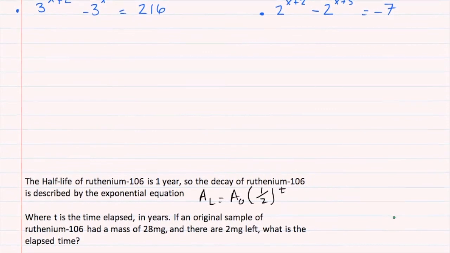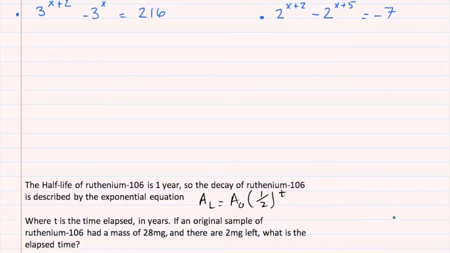Now, in this next equation, we have another type of problem in which we can factor something out. So here, 3 to the power of x plus 2 is 3 to the power of x times 3 to the power of 2.